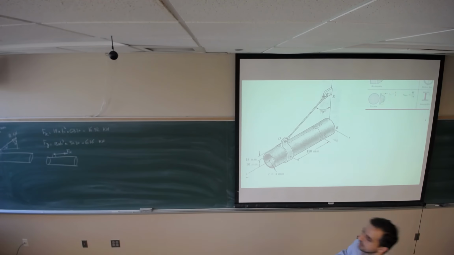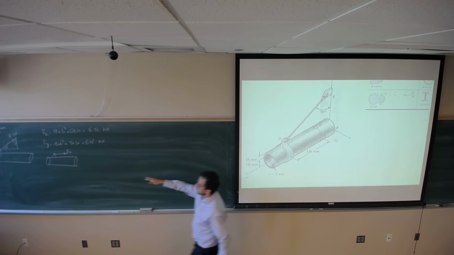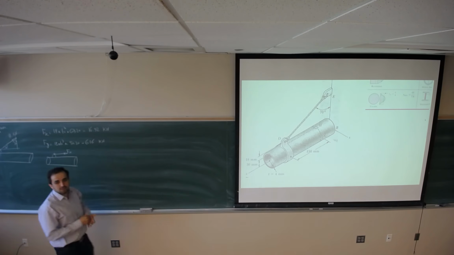Now I'm looking at each individual force to see what kind of stresses these forces are making over this pipe. Let's start with Fz. What would be the first stress that you can see Fz is going to develop over this pipe?